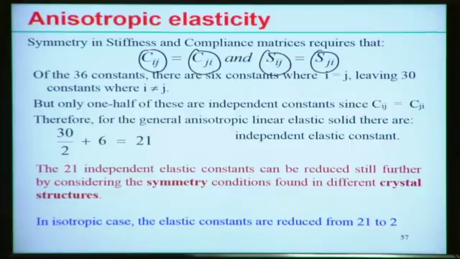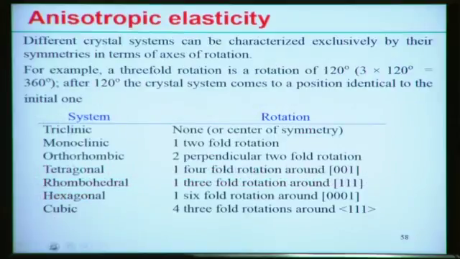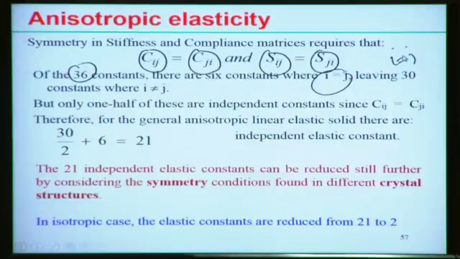So let us see. Out of 36 components, there are 6 constant terms when i equals j, and the remaining 30 components are related to i not equal to j. But we can find the total number of independent elastic constants in the case of a linear elastic solid.